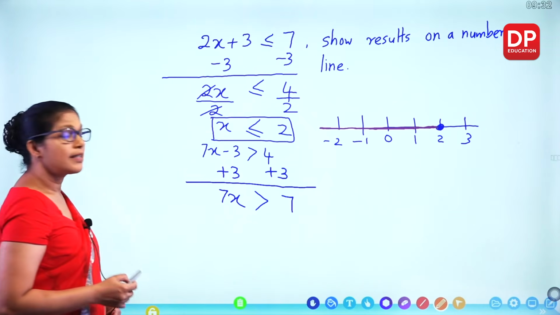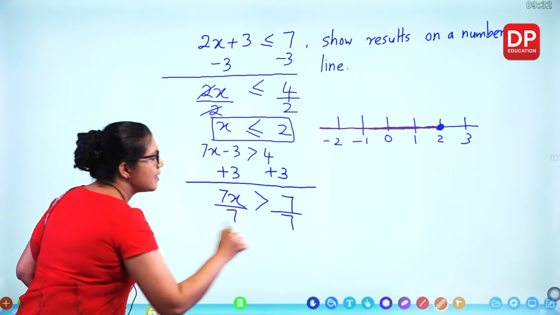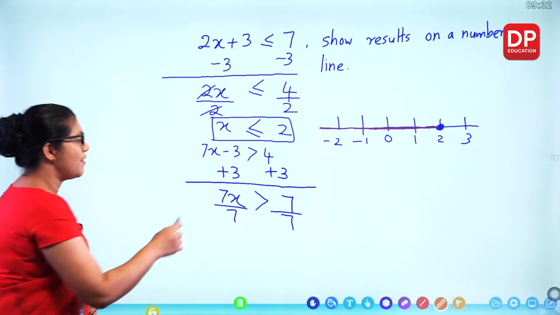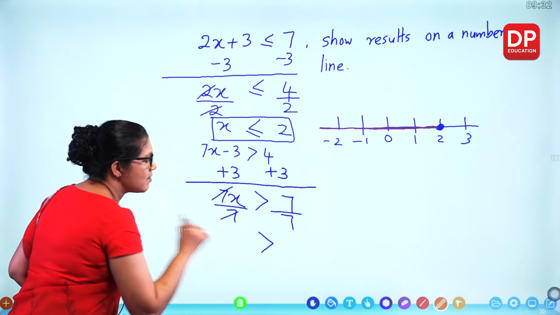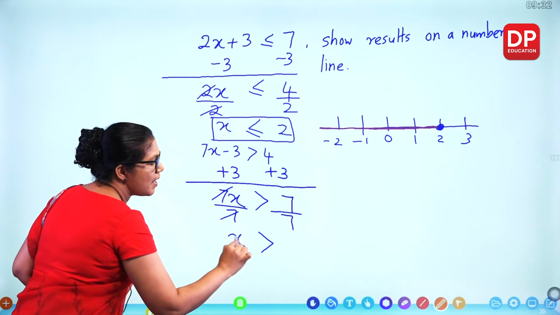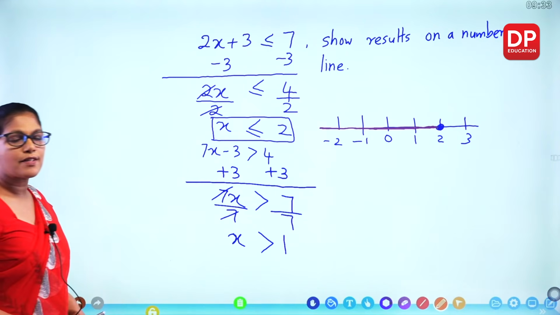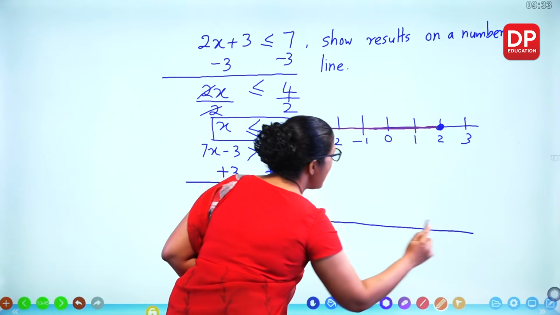Then what can I do? I can divide this by positive 7. When I'm dividing by positive 7, again the sign is not changing. I can write x, 7 divided by 7 is 1. x greater than 1. How can I show this on a number line?